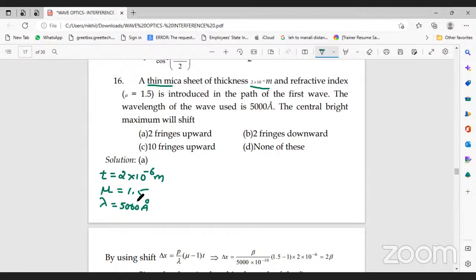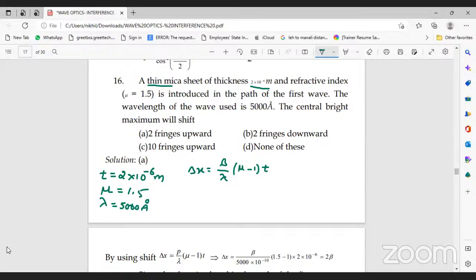They are expecting us to find how much the central bright maximum is going to shift. To find the shift, what is the formula?